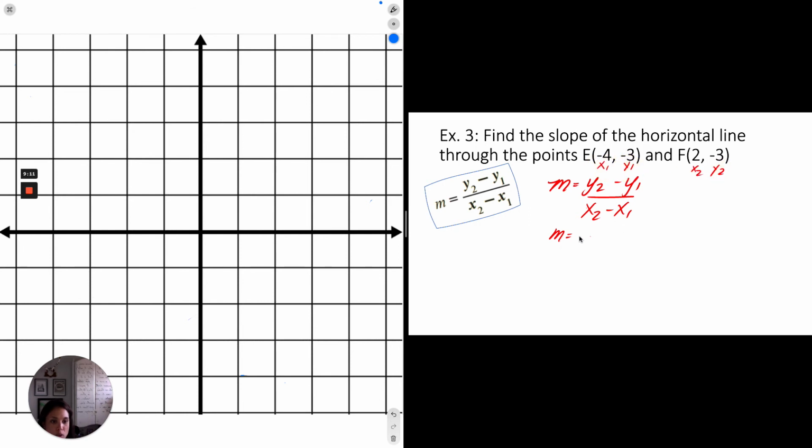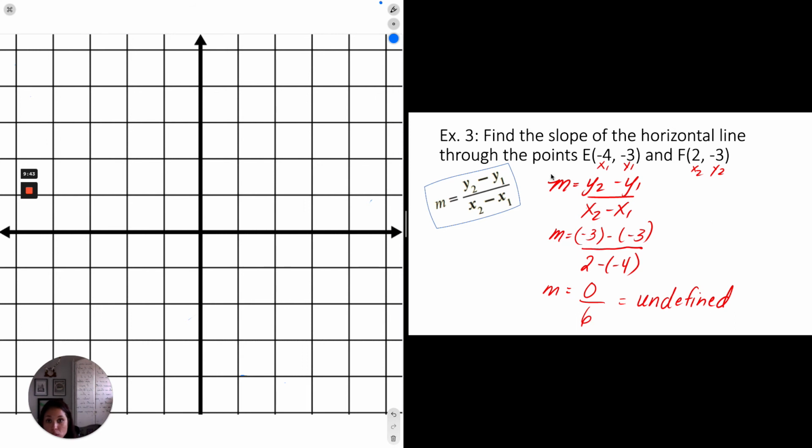So y2 is -3 minus -3 divided by 2 minus -4. My slope is -3 plus 3 is 0. 2 plus 4 is 6. So my slope is 0/6, meaning it's zero.